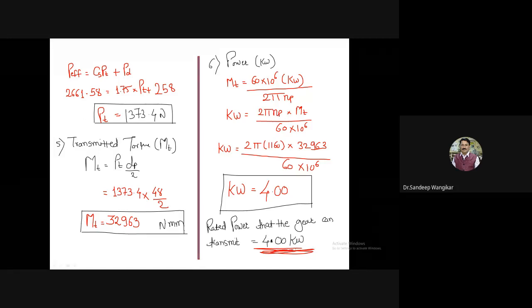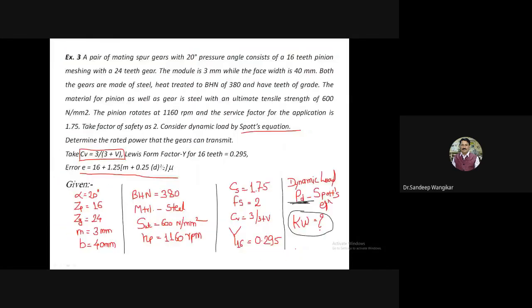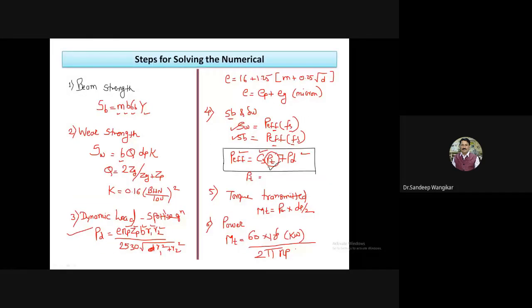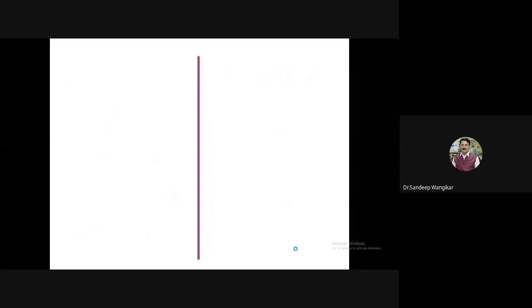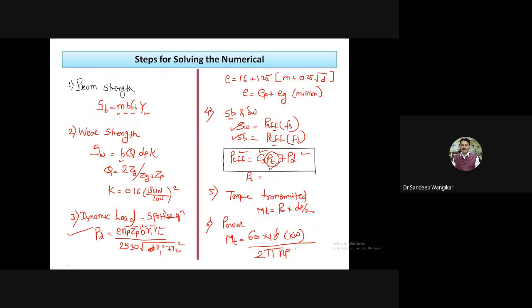So let us go back in this numerical. Based on the given data, we have calculated beam strength, then wear strength, then dynamic load by using Buckingham's equation: PD is equal to ENP ZP into B into R1 into R2 divided by 2530 under root of R1 square plus R2 square.